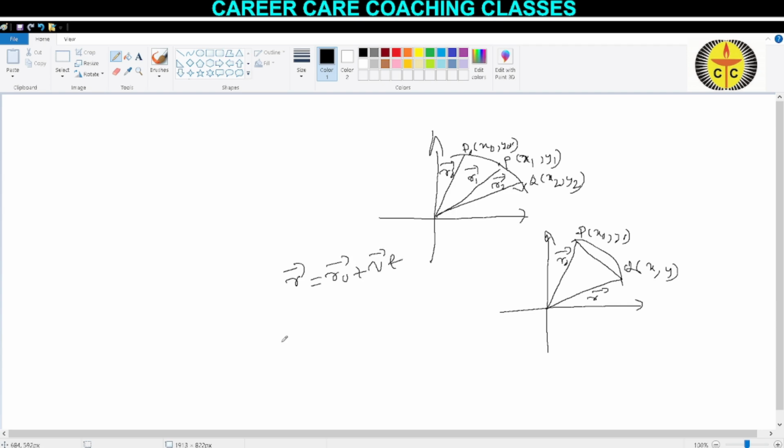So what is R here? R is equal to x i cap plus y j cap. And R0 is equal to x0 i cap plus y0 j cap.